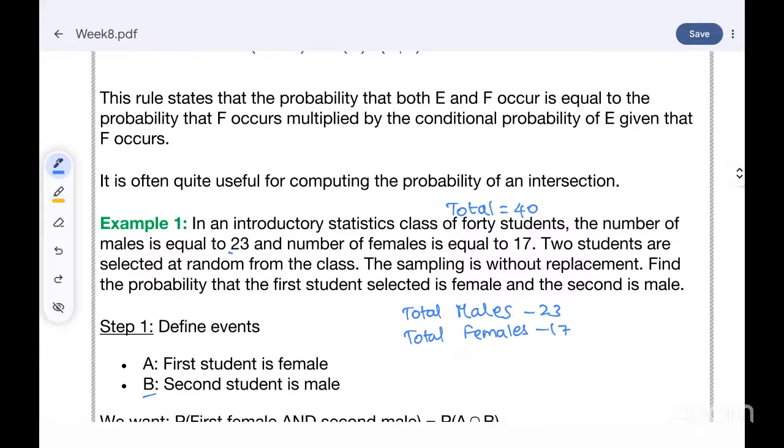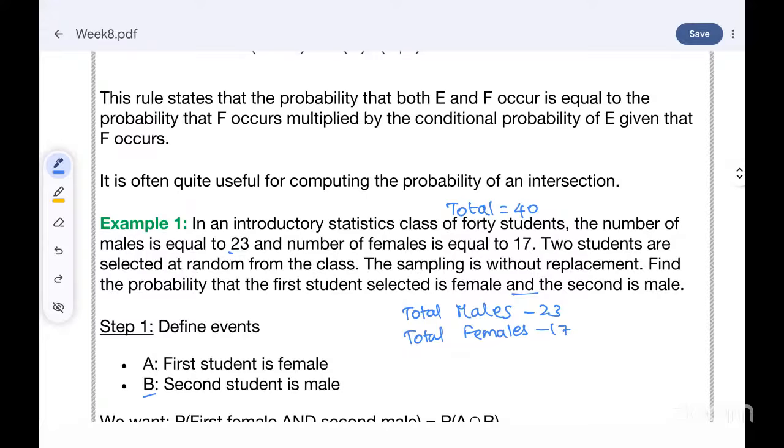First we are going to define the events. A is the event that the first student is female and B is the event where the second student is male. So if A is this and B is this, what do we need to find? Probability of A and B, where the first student selected is female and the second is male.